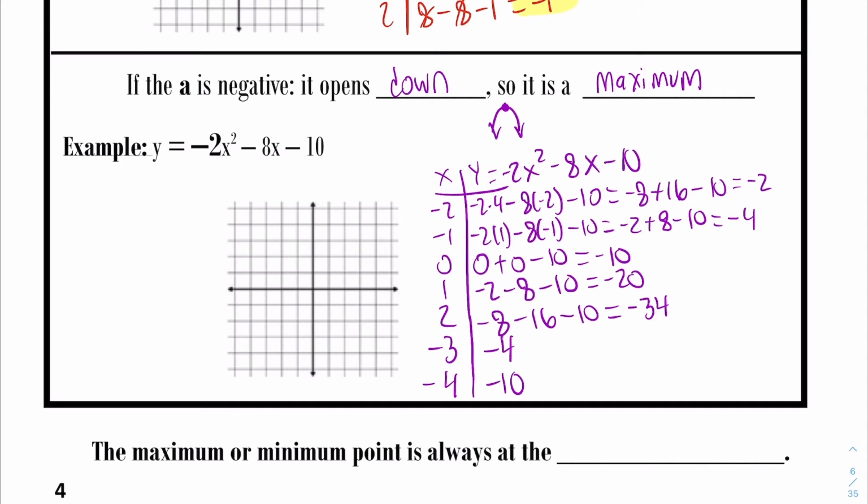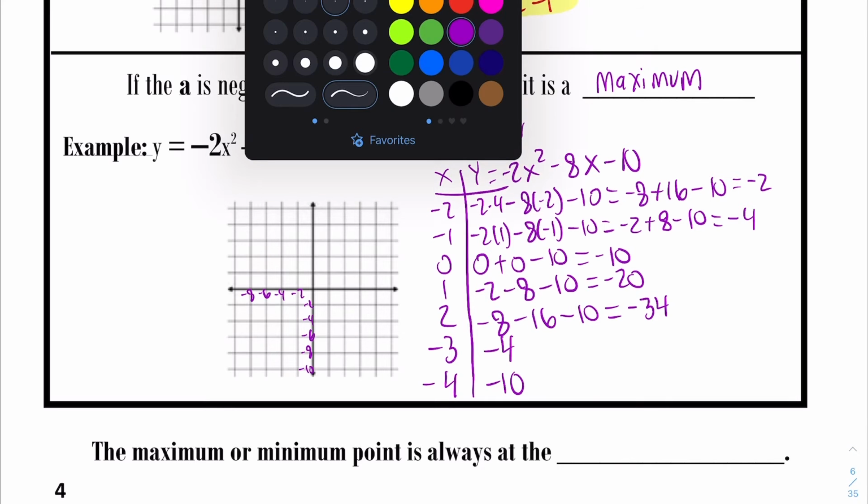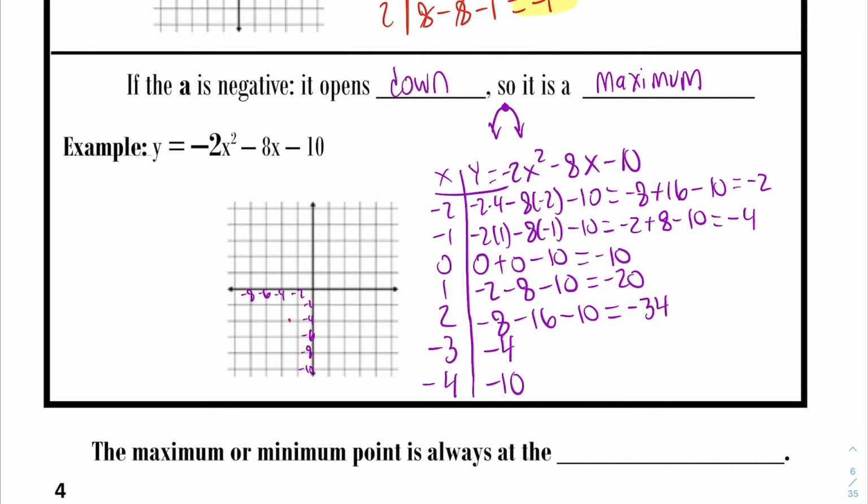I'm going to make these count by 2's. Negative 3, let me change my color so that you can see it. Negative 4, right there. Then if I go one space to the left, I'm at negative 4, negative 10, which is down here. If I go one space to the right, I'm at 0. Nope. The vertex is going to be at negative 2, negative 2.